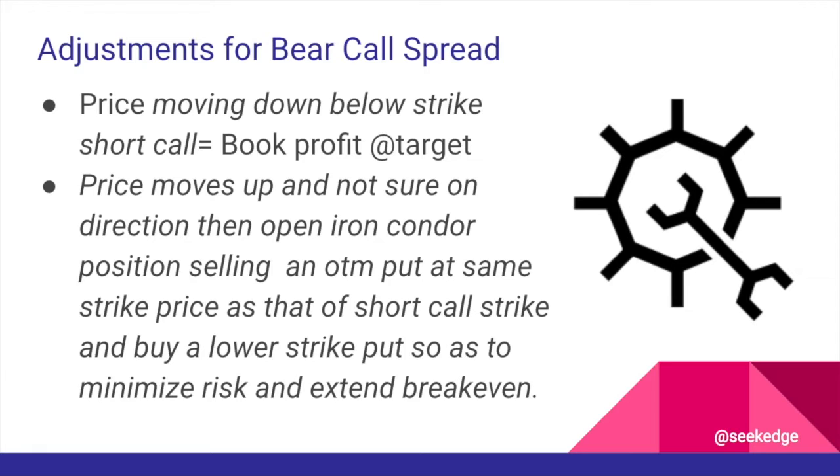So basically we convert the bear call, which is a bearish strategy, into a neutral strategy, the iron condor. We'll learn about iron condor in the future, but basically iron condor is nothing but retaining the bear call and taking another spread on the put side, so that the market remains in a range. The probability of win will increase, the range may increase, right? There is a higher probability that we may come out with break even at least, right? So that is the adjustment for the bear call spread.